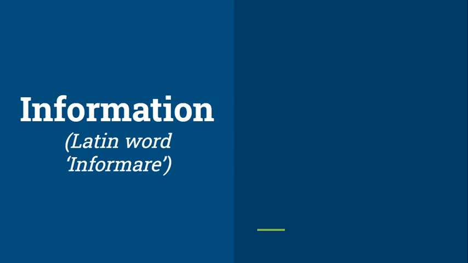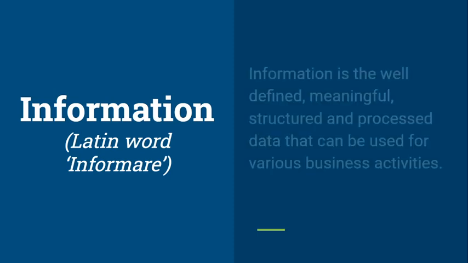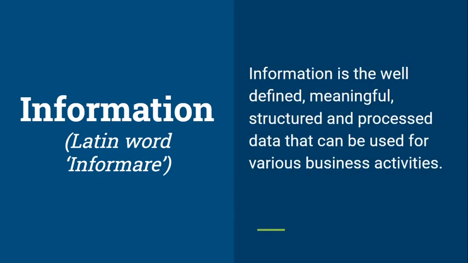So information is the data which is processed in such a way that it has a definite meaning to the end user. So what is information? We can say it is the well-defined, meaningful, structured and processed data.